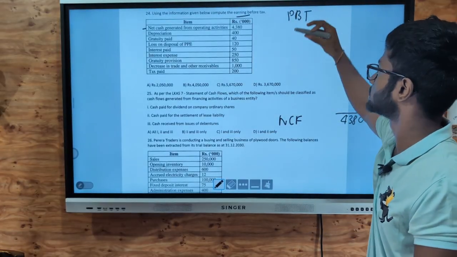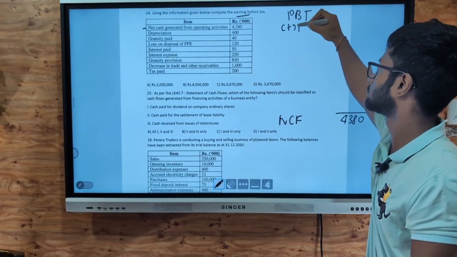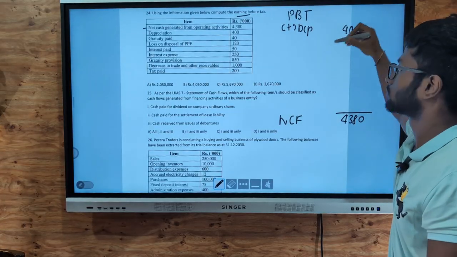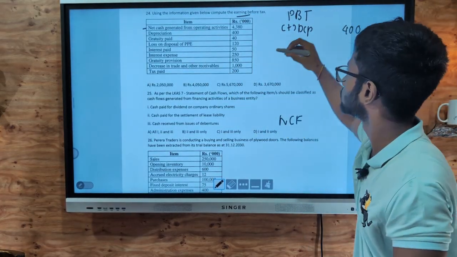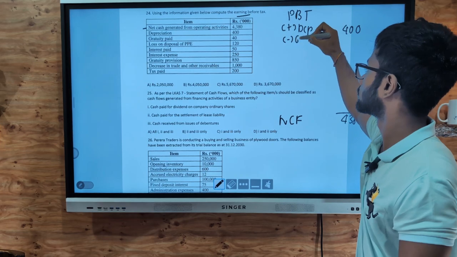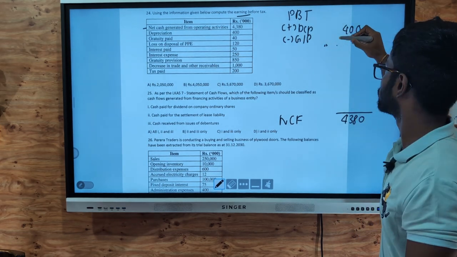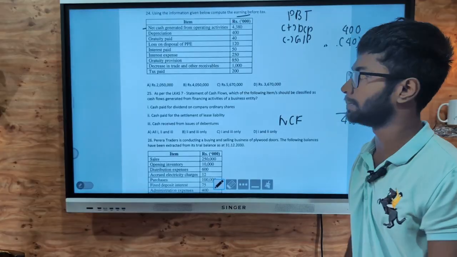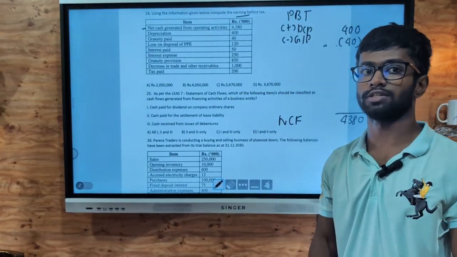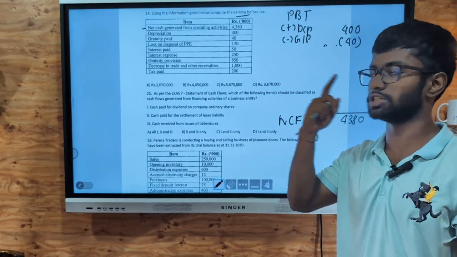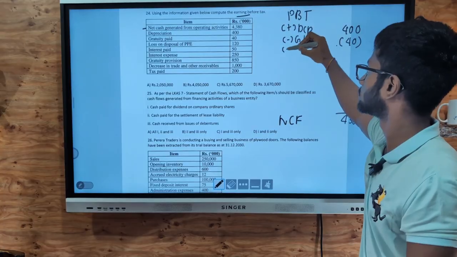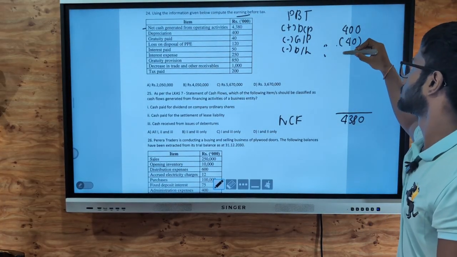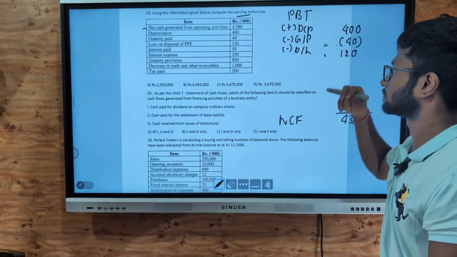If you take depreciation, depreciation is added. Next, gratuity paid, you deduct. Or loss on disposal of PPE. Here this loss is deducted from your profit, so this should be added back. Disposal loss, you add back 120.